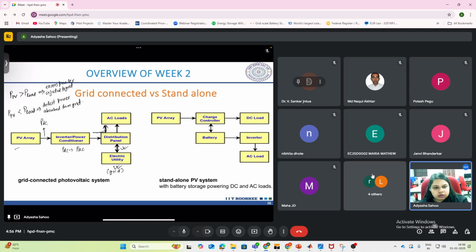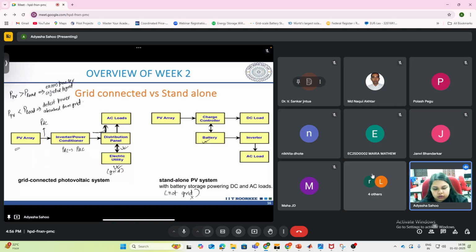But what will happen in the standalone system, you have no grid. So in the absence of grid and with PV as an intermittent source, to manage the intermittency, we need to have a battery here. The battery will support the system operation through the charge controller.